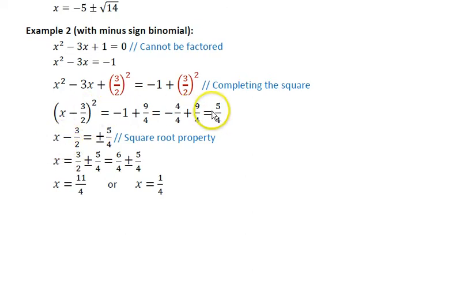Now we use the square root property. So we say x minus 3/2 is plus or minus the square root of 5/4. Adding 3/2 to both sides, x is 3/2 plus or minus the square root of 5/4. Converting the 3/2 to fourths, that's 6/4 plus or minus 5/4. That gives us two solutions, 11/4 or 1/4.